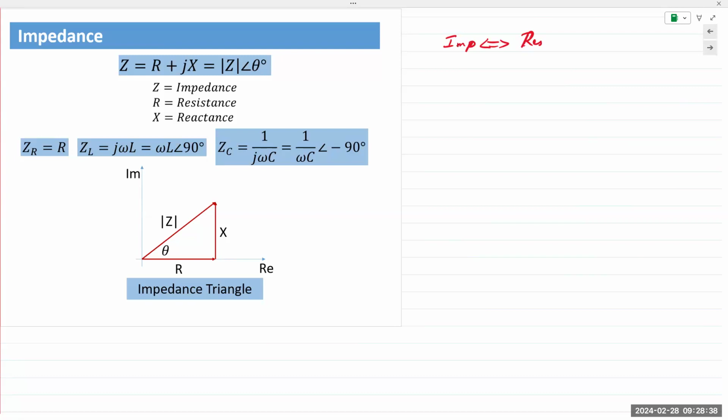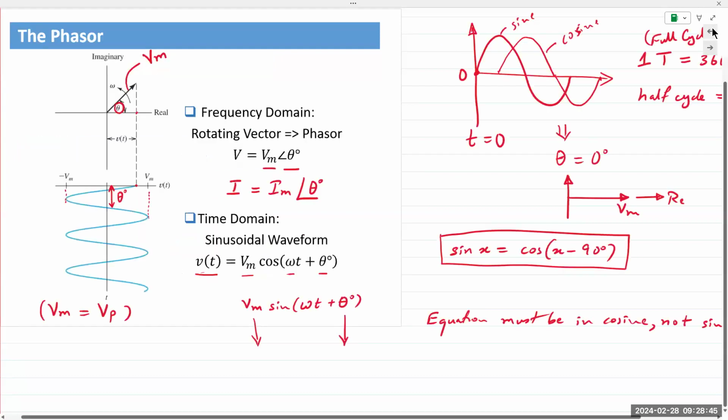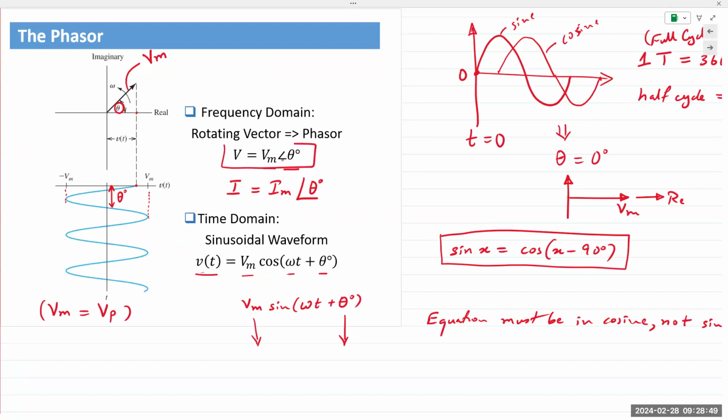Impedance is a vector quantity, again, represented using complex numbers. Oh, one more thing, just about complex numbers. This phasor is described as a vector Vm with a phase angle of theta.